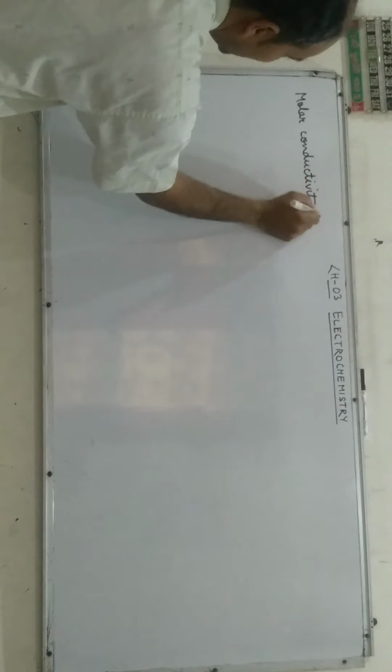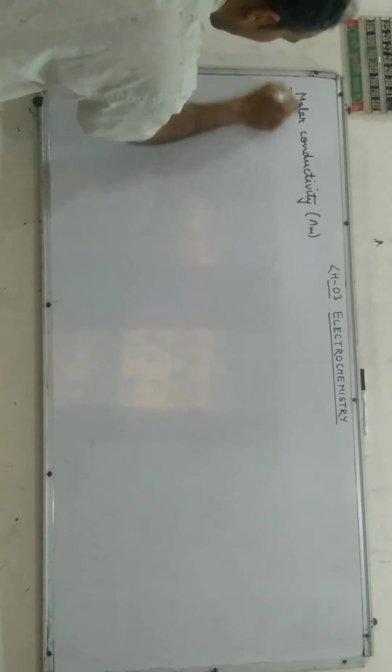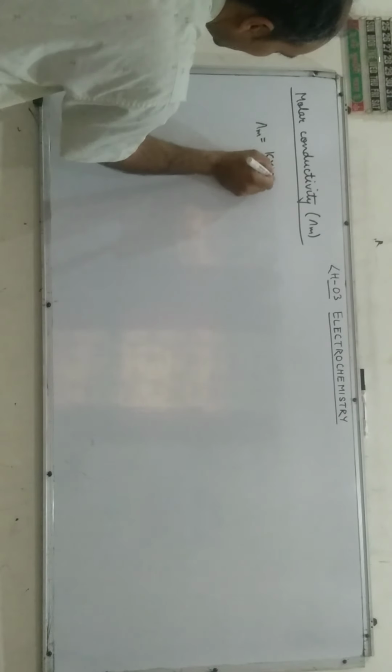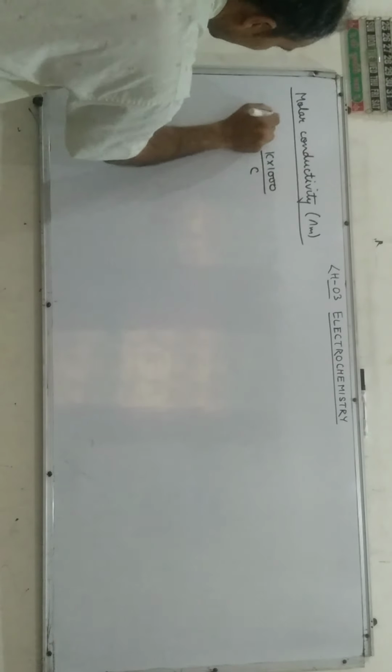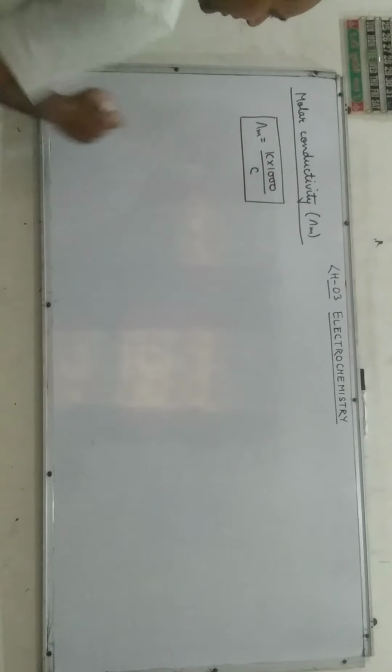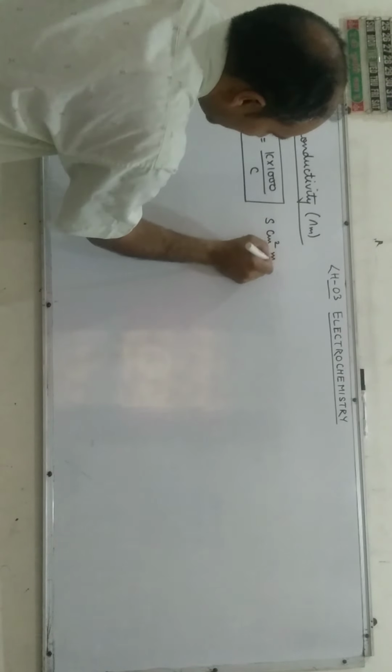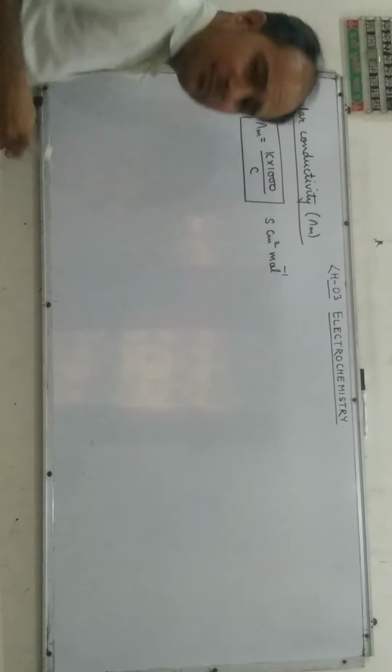Molar conductivity is indicated by letter lambda m, and it has a formula: lambda m is equal to kappa into 1000 upon C. Here kappa indicates conductivity, C is the concentration. Unit is Siemens centimeter square per mole.